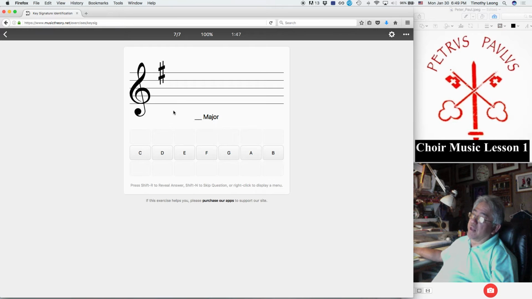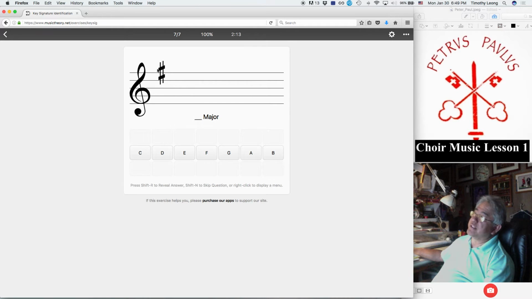Now, there are relative minor keys to C major, and for C major, you would have to go 1.5 steps downwards to get the relative minor key, which would be C, B, A. So it would be A minor without any sharps or flats.